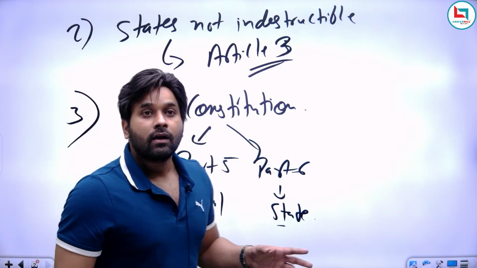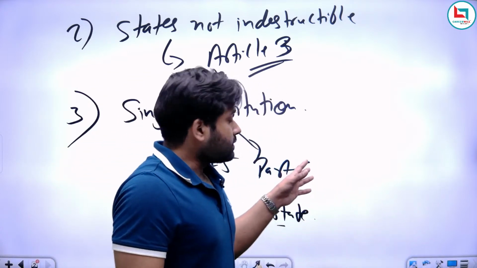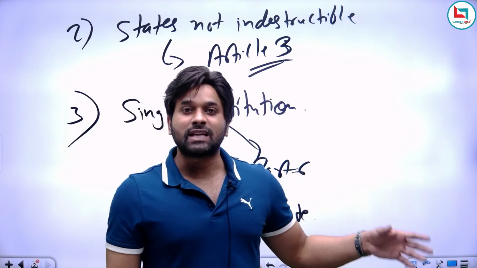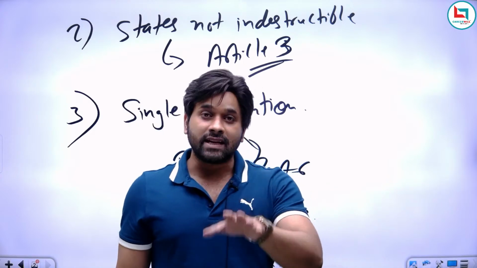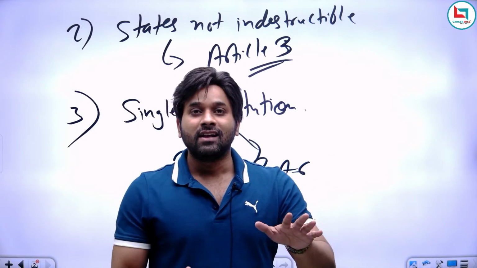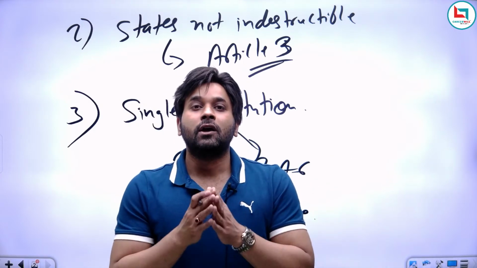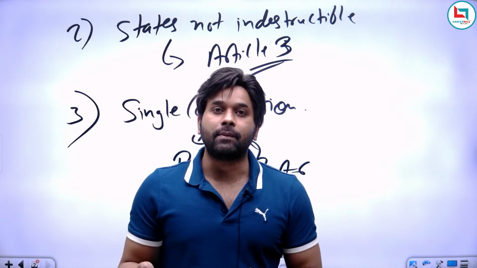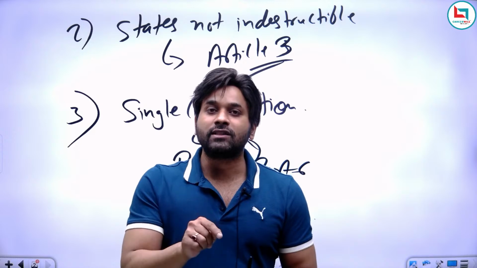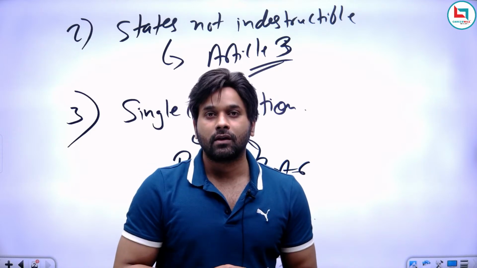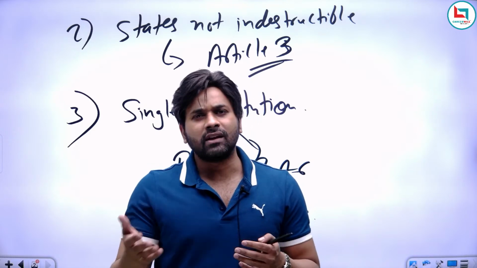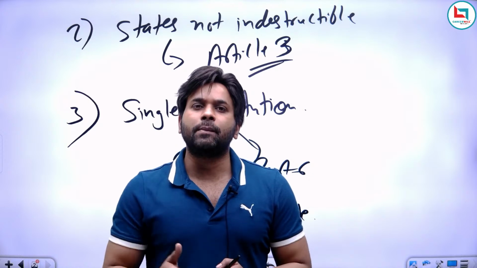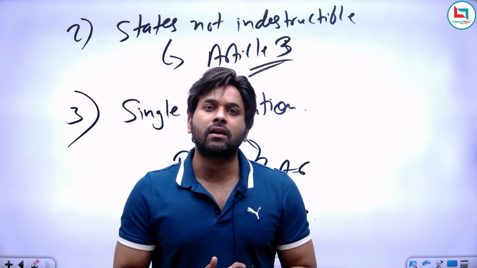And remember, the same constitution provides for the establishment of state government, but the state governments do not have the authority to amend the constitution. The constitution can be amended only by the parliament. Only in one case can states initiate the amendment of the constitution, and that is under Article 169.